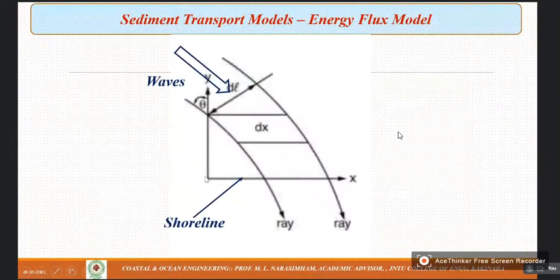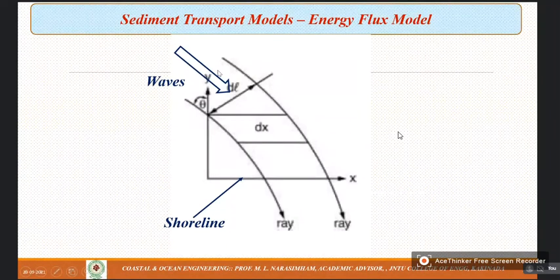So normal to our shoreline, this is all sea and this is all land. This is your shoreline, and we'll assume that the waves are coming like this.